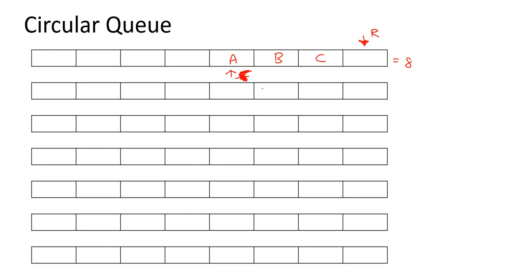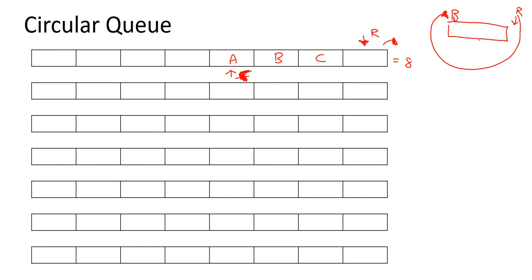We saw that when our rear pointer would increment when we got to the last data item, we'd be pointing to position 8, and position 8 doesn't exist in here. Now a circular queue gets round that by, when the rear pointer gets to the end, wrapping it around and getting it to point to the front.